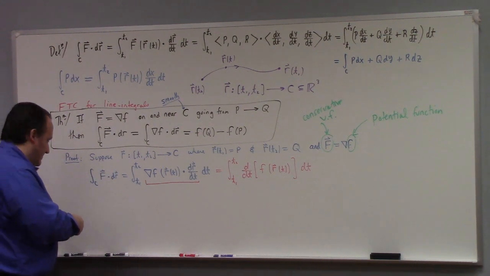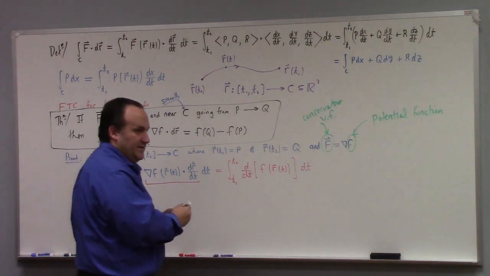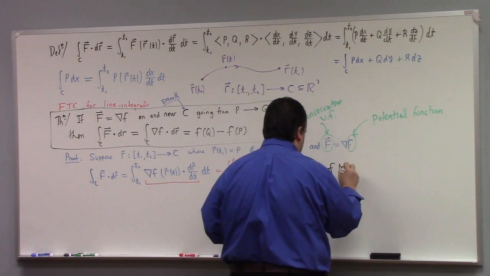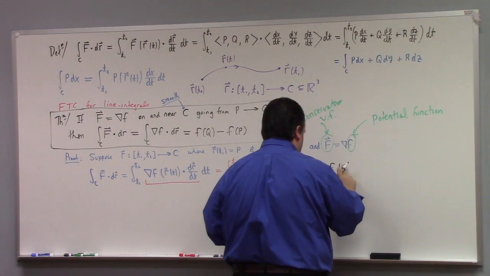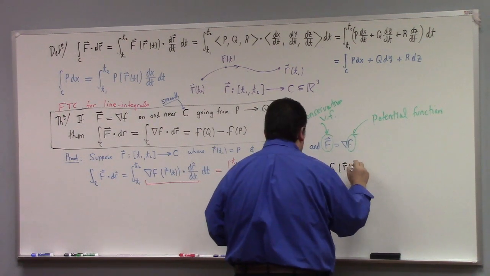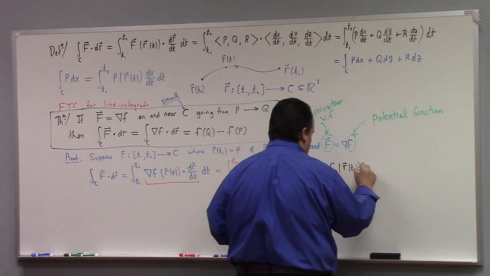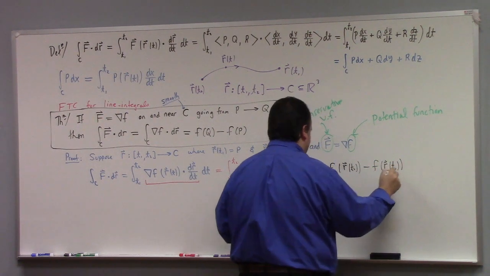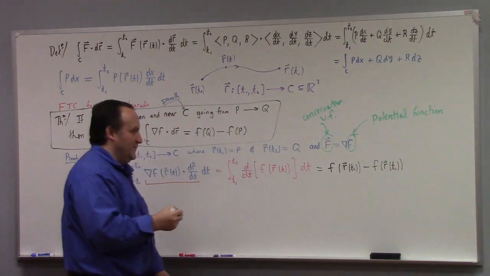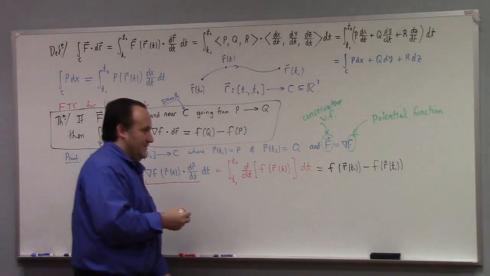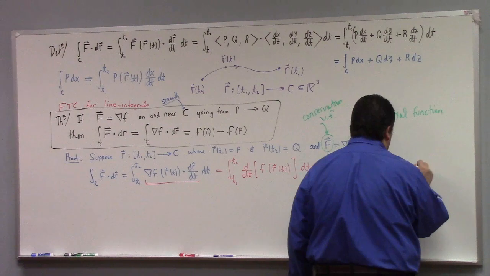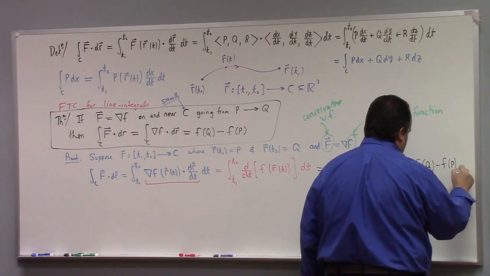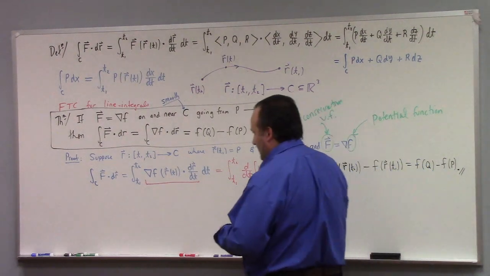And what we get then, of course, is f of r of t2 minus f of r of t1. That's right. This proof is about to come to a close. So this is actually f of Q minus f of P, and we're done.